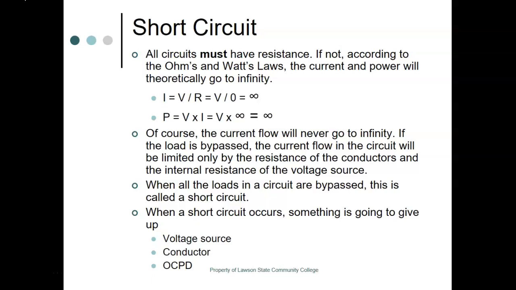When a short circuit occurs, something's going to give up, either your voltage source, a conductor, and if you're lucky, hopefully, what gives up first is the overcurrent protection device, aka in your house, the circuit breaker. In some delicate electronics, you got fuses.